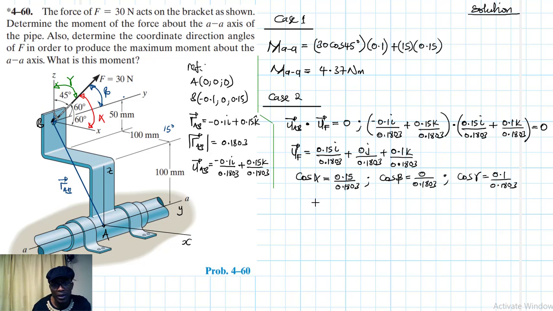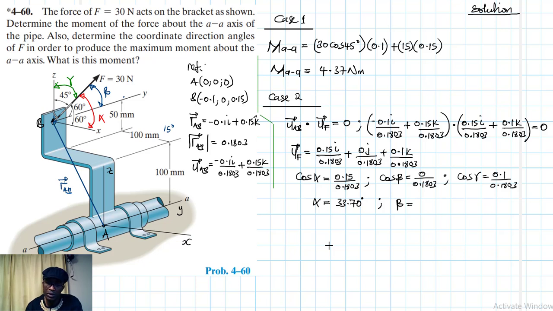And our cos gamma will be equal to 0.1 divided by 0.1803. Therefore, these are now the directional angles we want to find. Alpha is the arc cos of 0.15 divided by 0.1803, which is equal to 33.70 degrees. Beta, that is 90, right?